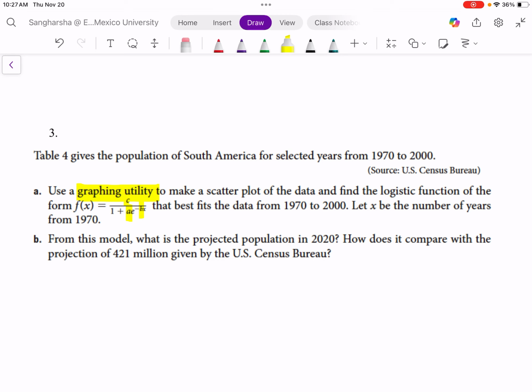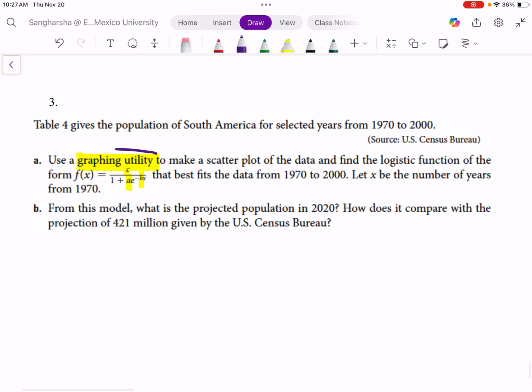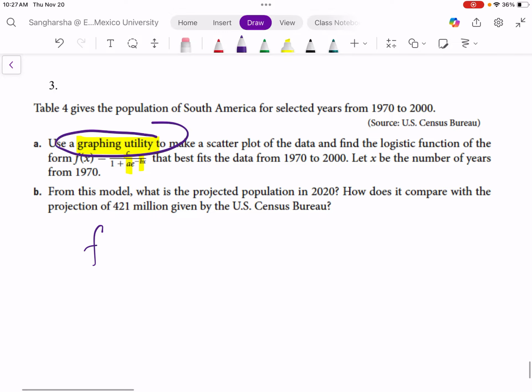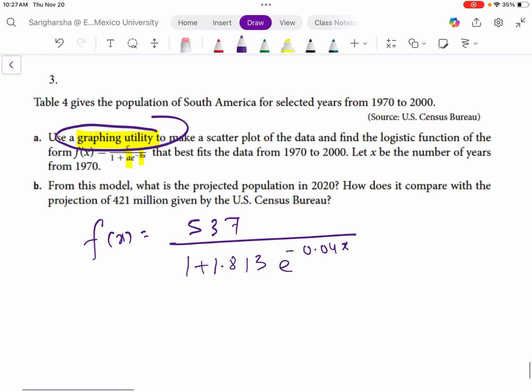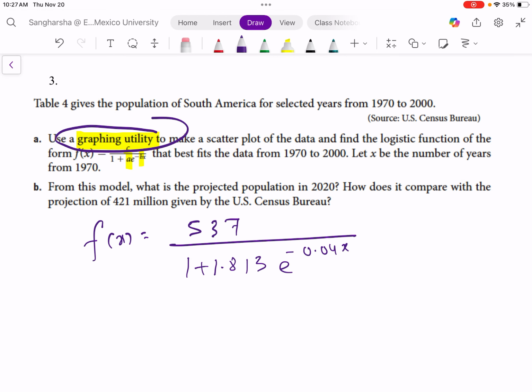Using a graphing utility, the function f of x is 537 divided by 1 plus 1.813 e to the power negative 0.04x. So this is the function. This function gives the population of South Africa for the selected years from 1970 to 2000.